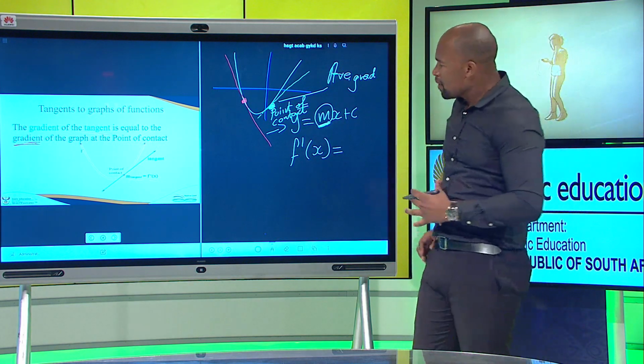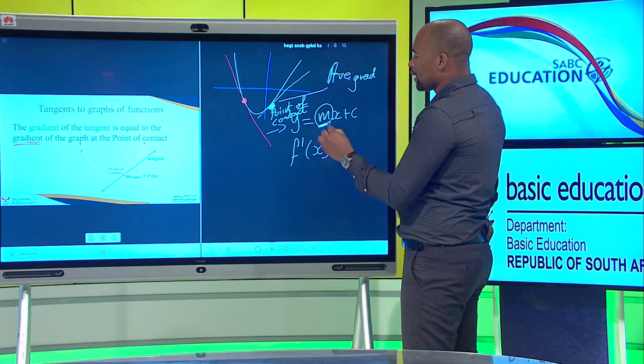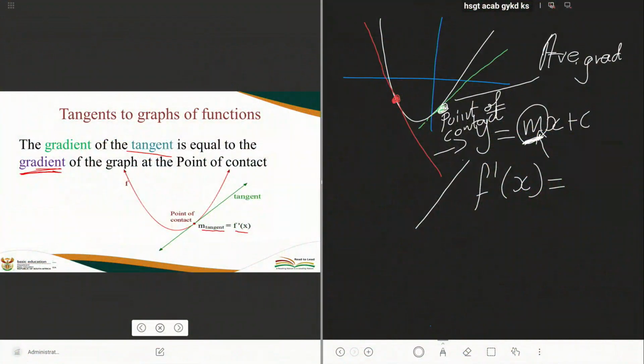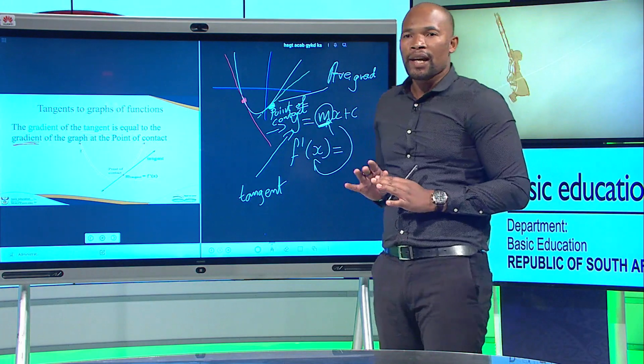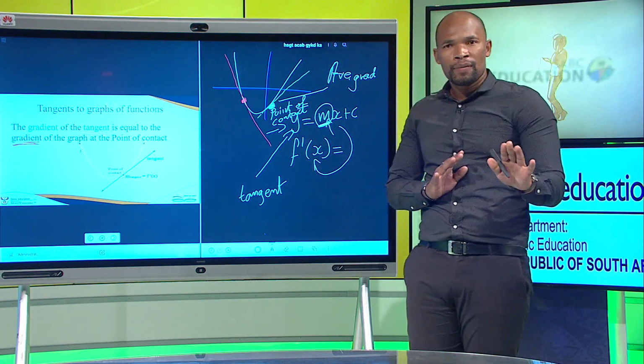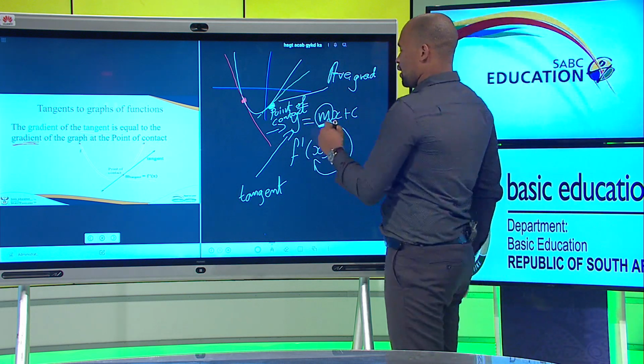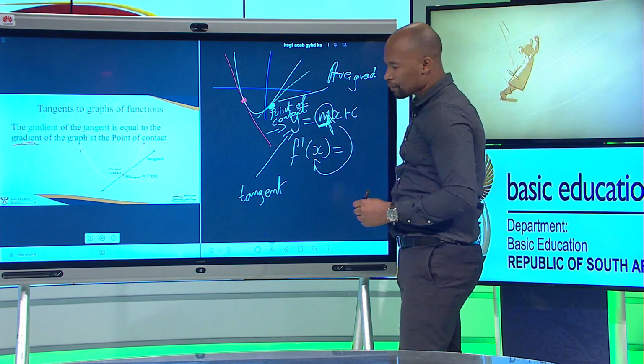So simply, at any given point, for us to get the gradient of this tangent, we need to first do what? The first derivative. So basically, in our lesson, we're going to be working with the first derivative for us to get the gradient. And then we substitute back in the place of m. All right.